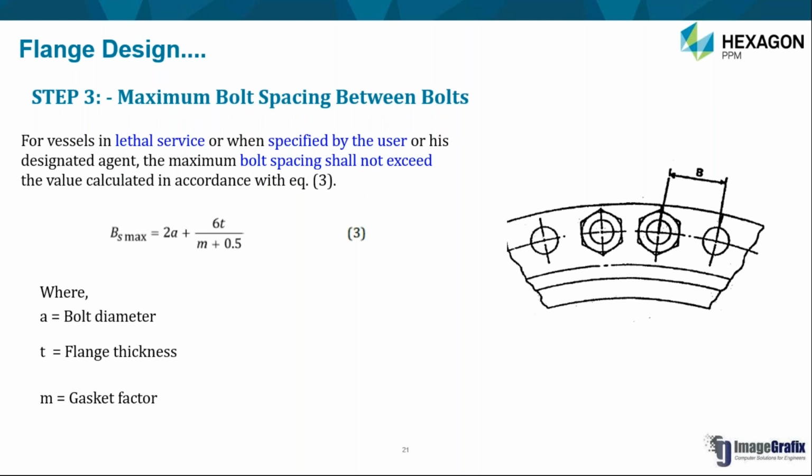From this formula we get the maximum bolt spacing, and the actual bolt spacing, which is pi multiplied by the PCD divided by the number of bolts, gives us BS. That actual bolt spacing should always be less than the maximum bolt spacing. So that is one of the criteria for placing the bolts.